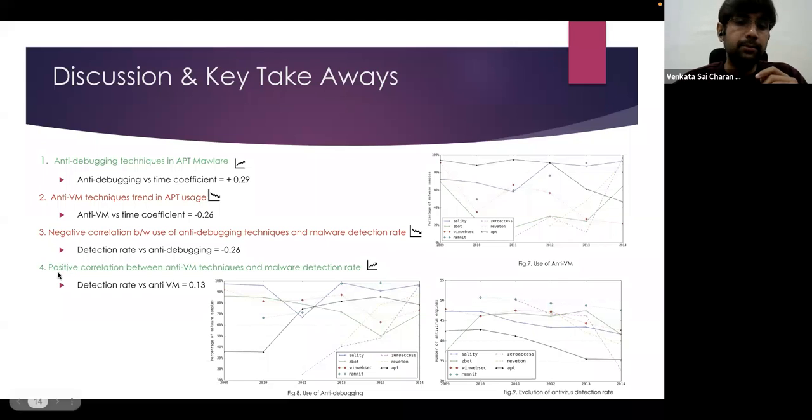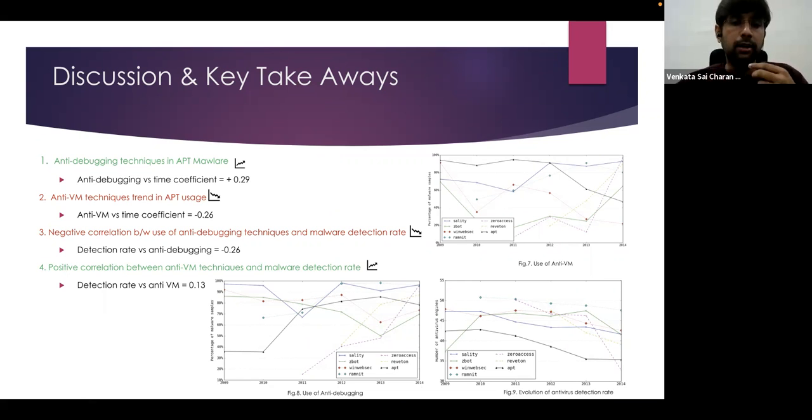Just opposite to that, there is a positive correlation index between anti-VM techniques and the detection rate. That means if they use more anti-VM techniques, they are definitely caught by some antivirus, network intrusion detection system, or firewall.